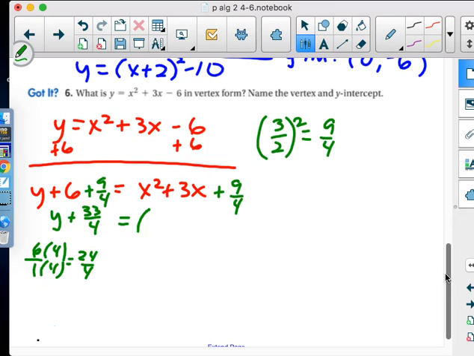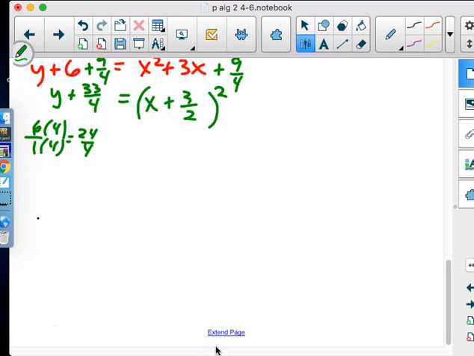Now this is going to look a little tougher, isn't it? There's our x. What did we square to get 9/4? 3/2. All right, so right now, because everything's kind of running together here, this looks like this.